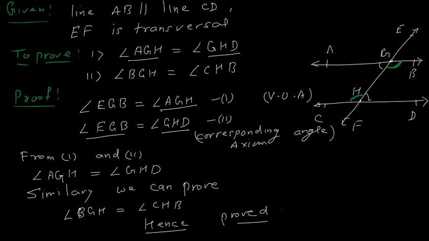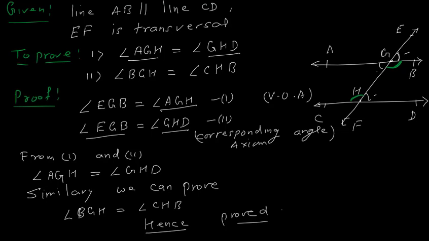Okay, here you have to prove that if the lines are parallel, then alternate angles are also equal. So for that, first we said that angle EGB is equal to angle AGH because they are vertically opposite angles. Then we said that angle EGB is equal to angle GHD because they are corresponding angles, so using the corresponding angle axiom, they are equal.